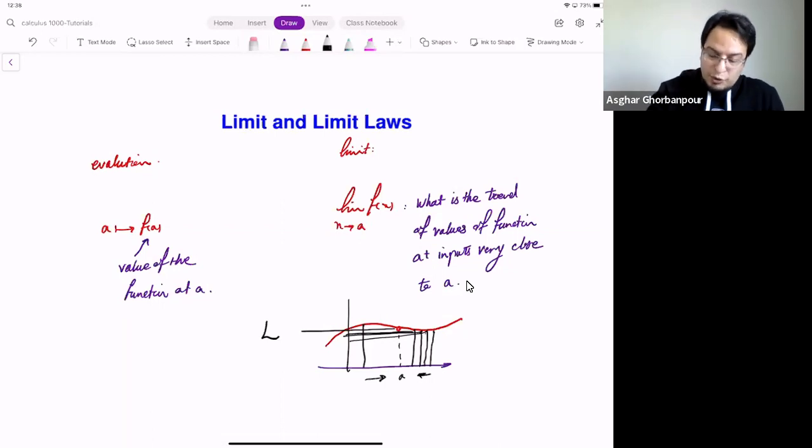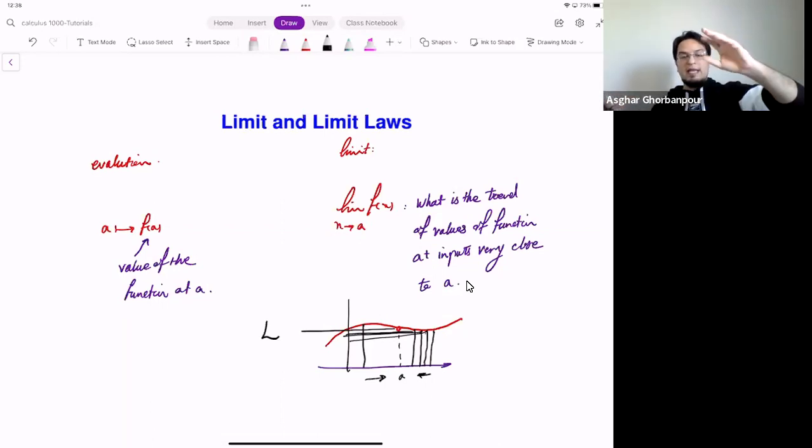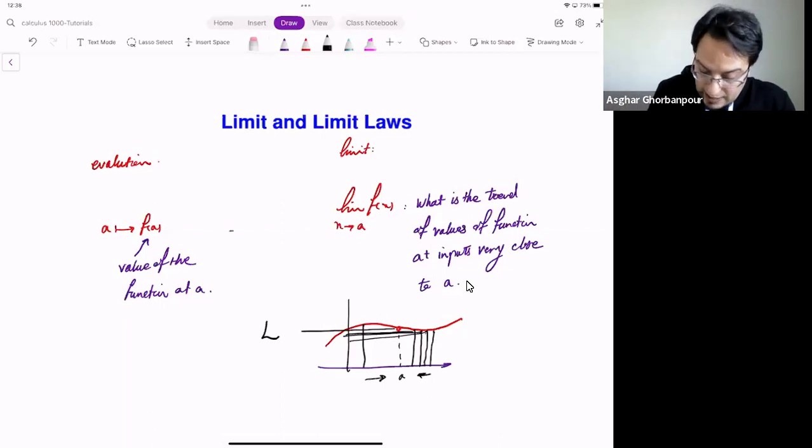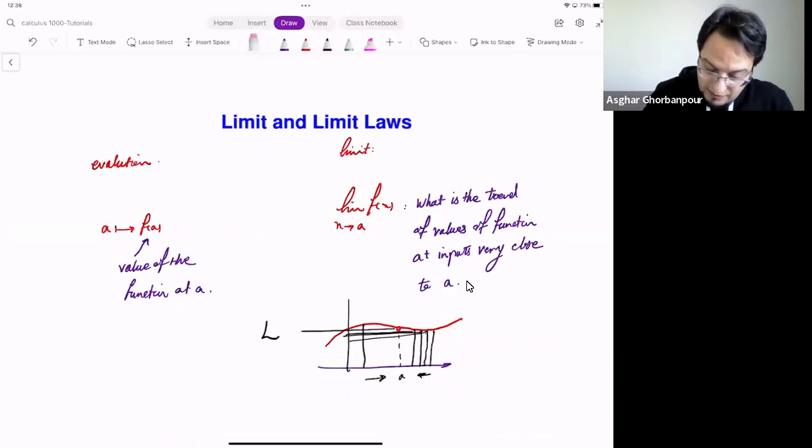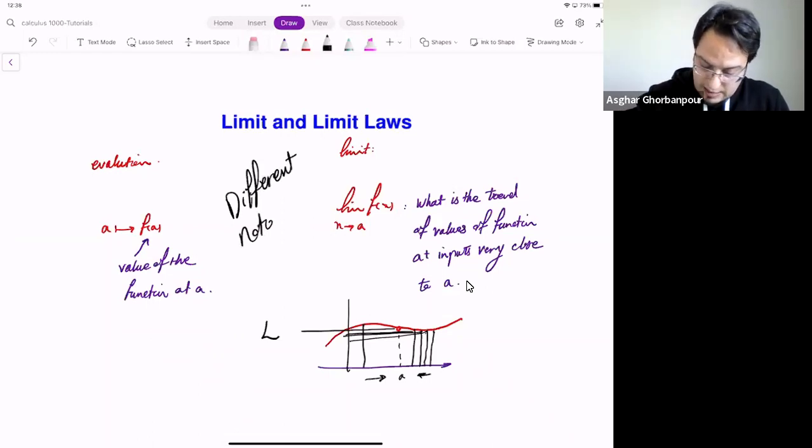One big thing for you to understand is that evaluation and limit of function at the same point, like limit of function as x goes to a and value of function at a, these two are completely different things. These are different notions.